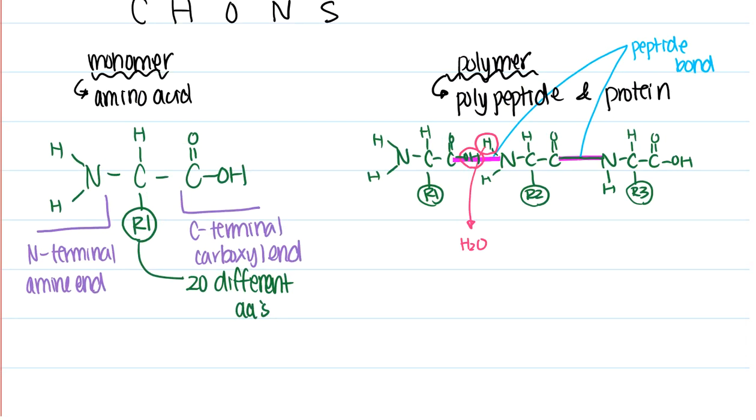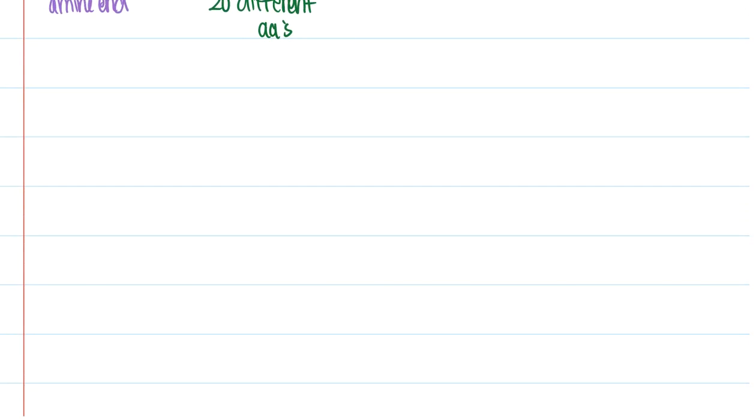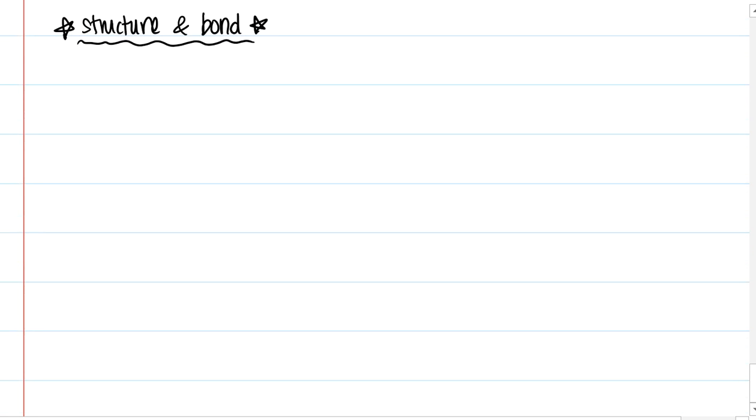Good? All right. Now, the important thing about protein molecules is that you have to create a very long chain of protein molecules and fold it the right way, because proteins are very, very, very specific. So what becomes very important is its structure, okay, the way that it's folded, and the type of bond that it used to create the particular structure. We happen to have 4 different structures that we can identify.